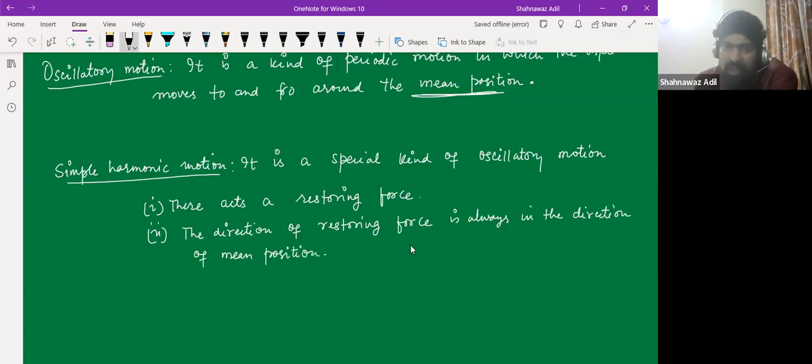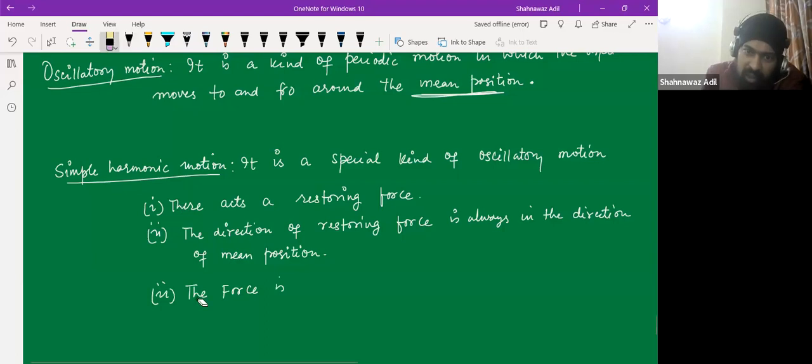Right, so this is the direction of the motion, the force is, yeah.